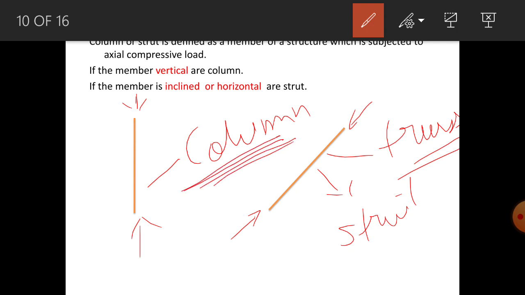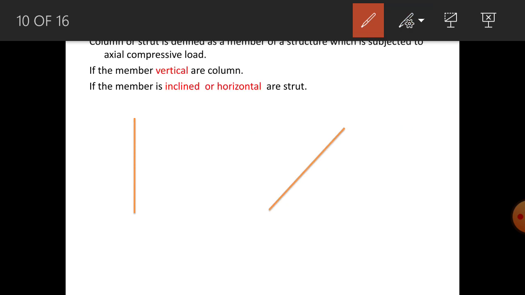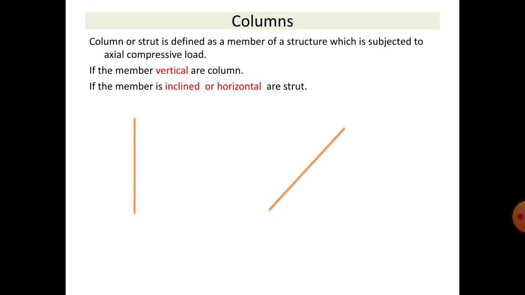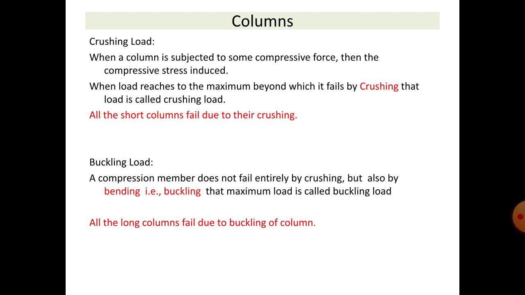So there are two types of members: vertical members, and inclined or horizontal members. Horizontal and inclined members are called struts, and vertical members are called columns.